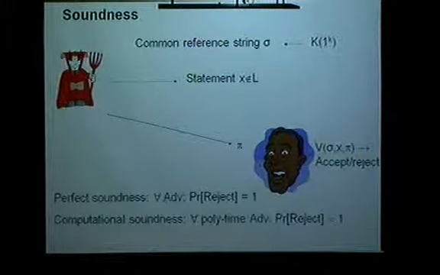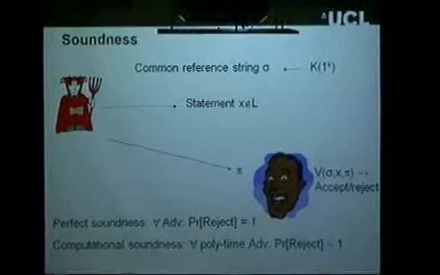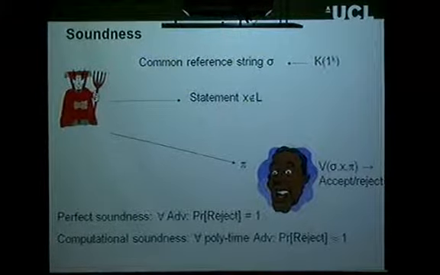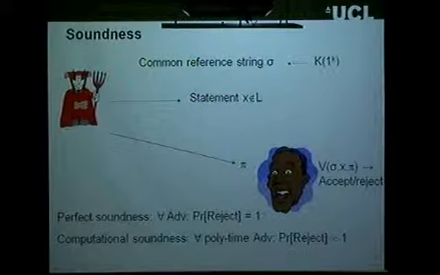And we say that the non-interactive zero-knowledge proof is sound if the probability of acceptance is very small. Okay, and now I'm going to distinguish here between perfect soundness, which means that if the statement is false, the verifier will reject no matter what, and computational soundness, where we're just saying that a polynomial time bounded adversary has low chance of convincing the verifier on a false statement.